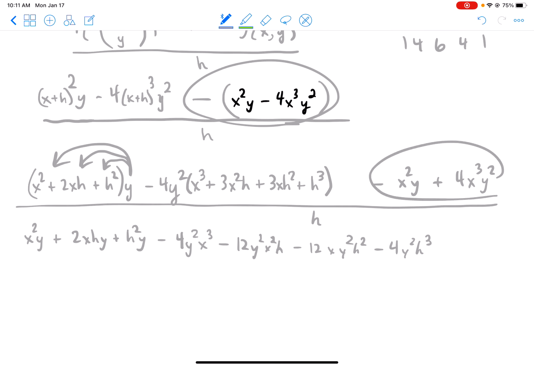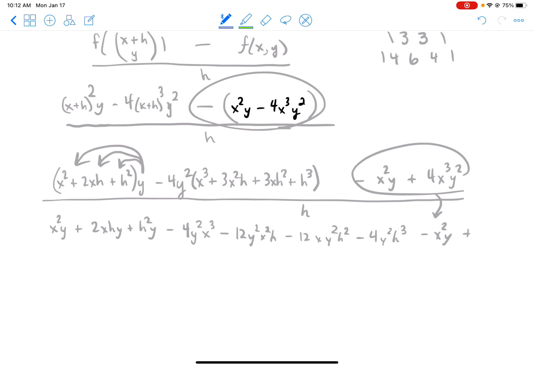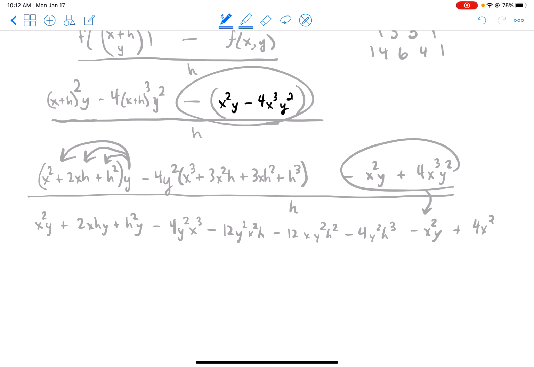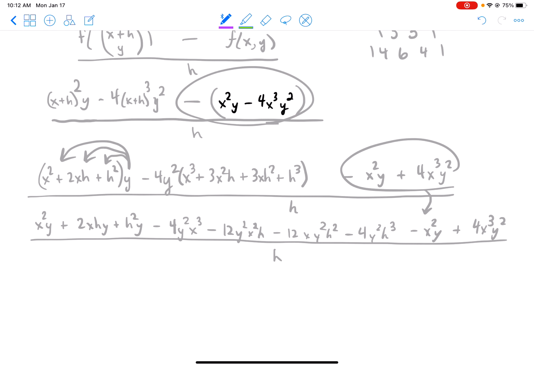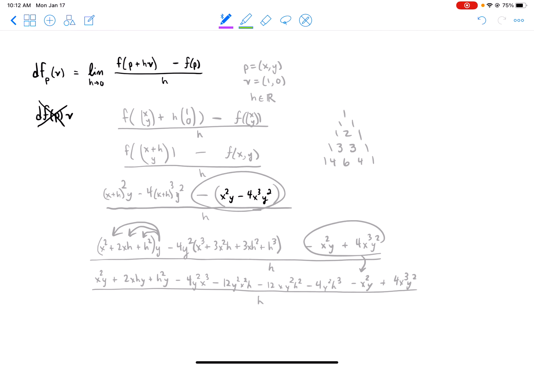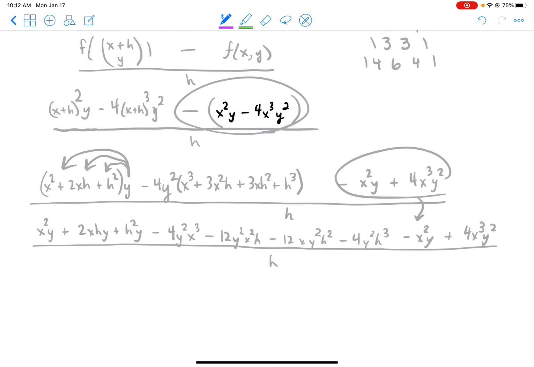And then I have this stuff. And now there's going to be some cancellation. And you should just know that whenever you're doing derivatives, things are going to cancel. So be prepared for it.